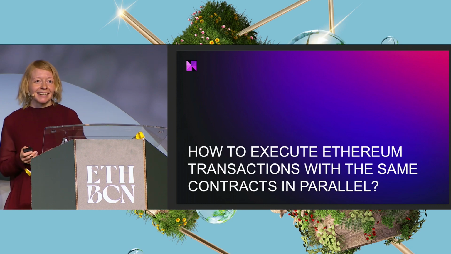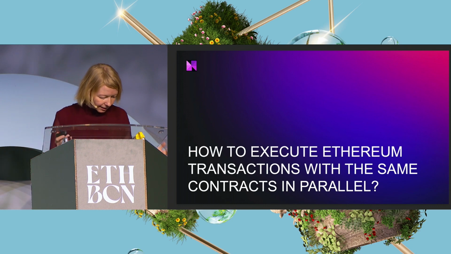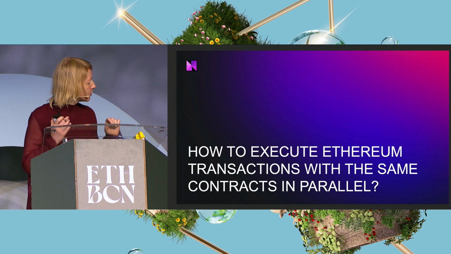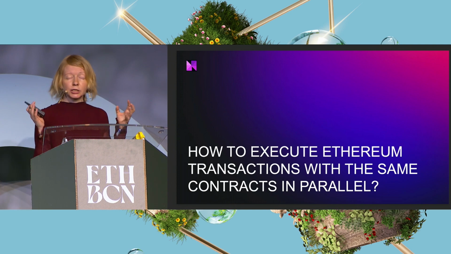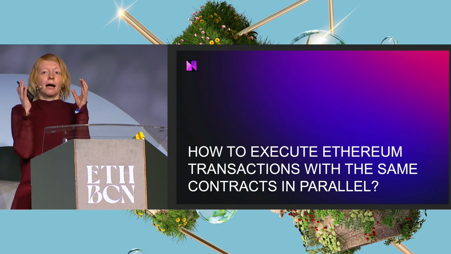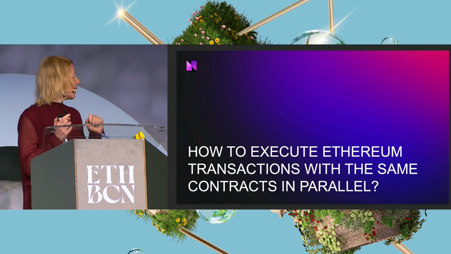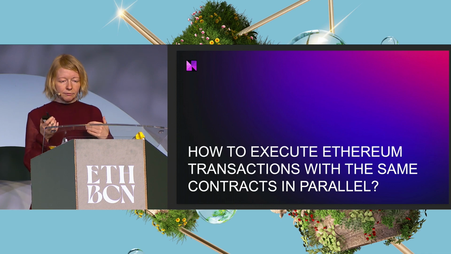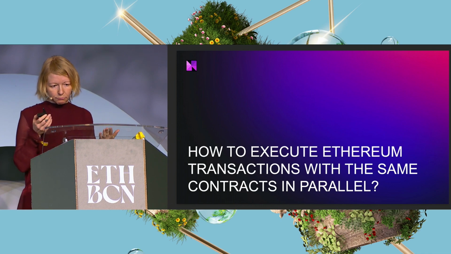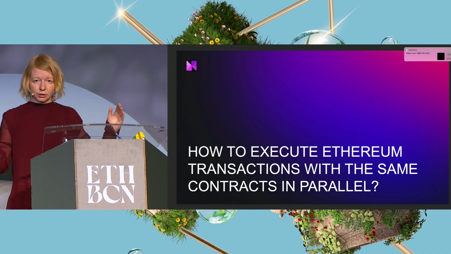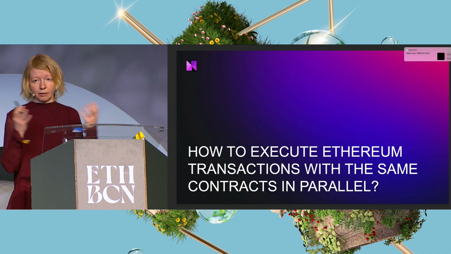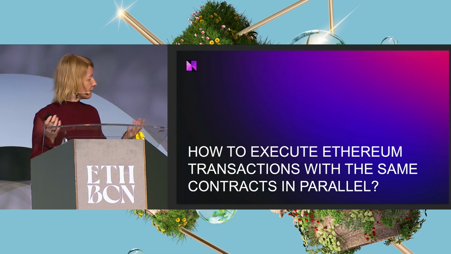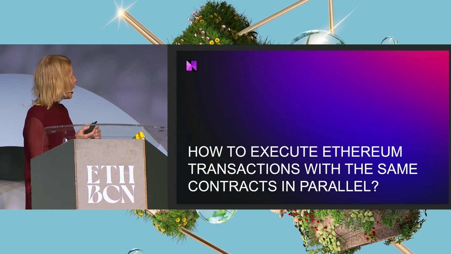But then, the architecture that we have implemented doesn't allow us to run transactions within the same contracts in parallel. And this is a problem. We want to resolve it because we would rather prefer all the transactions to be executed in parallel, in order to use the advantages that Solana has.